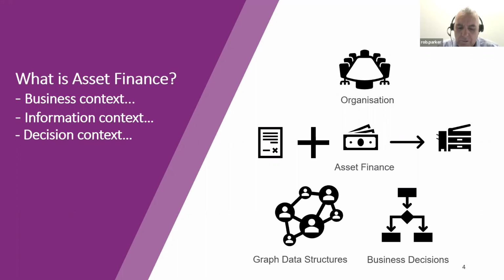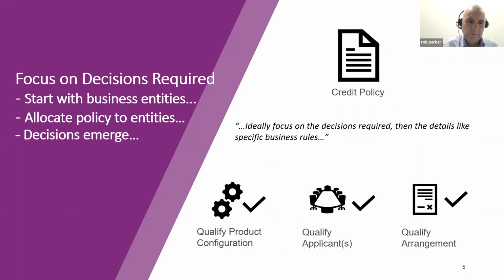And then it's qualifying the arrangement, which is, yes, that particular business construct in that particular industry does meet our credit rules for that particular type of asset with that particular type of characteristics. So that's a bit of the business background, which hopefully will make sense as we start to get into the decision rules.